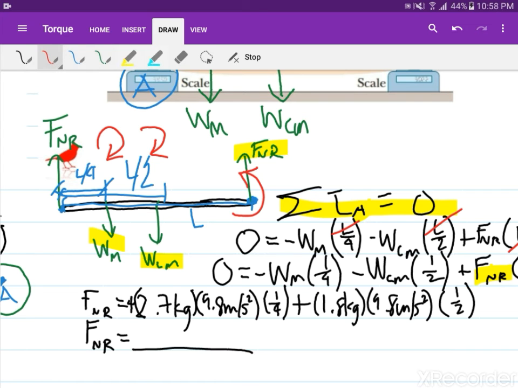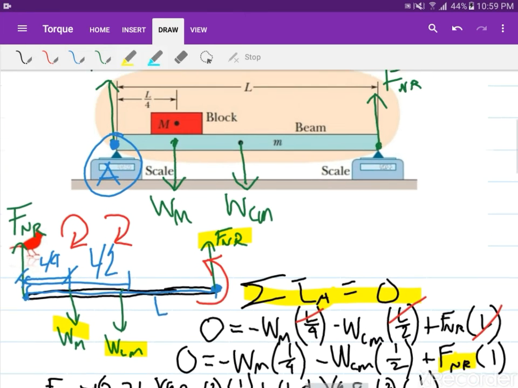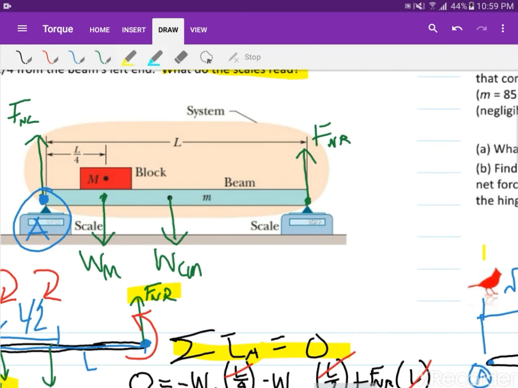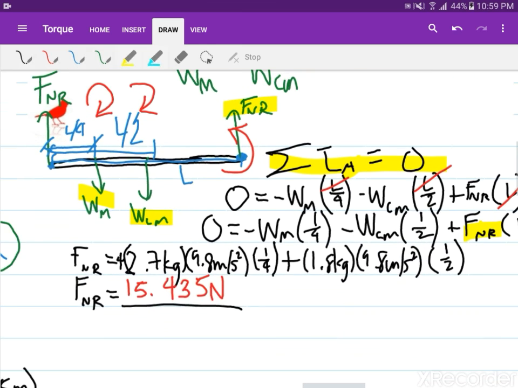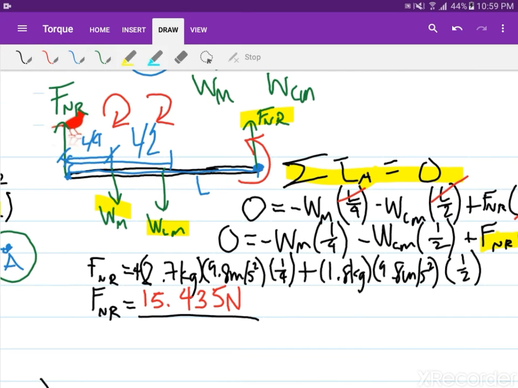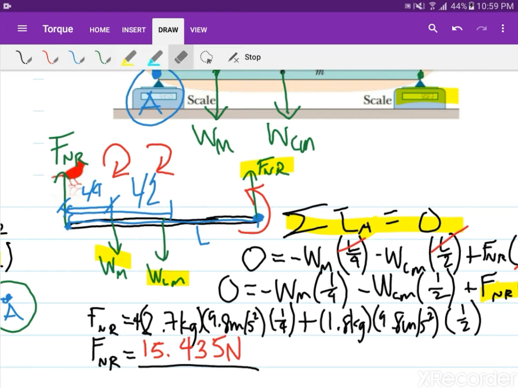Solving for FNR, we have 15.435 newtons. So by Newton's third law, these 15 newtons will be the reading on the scale on the right. This should be L.